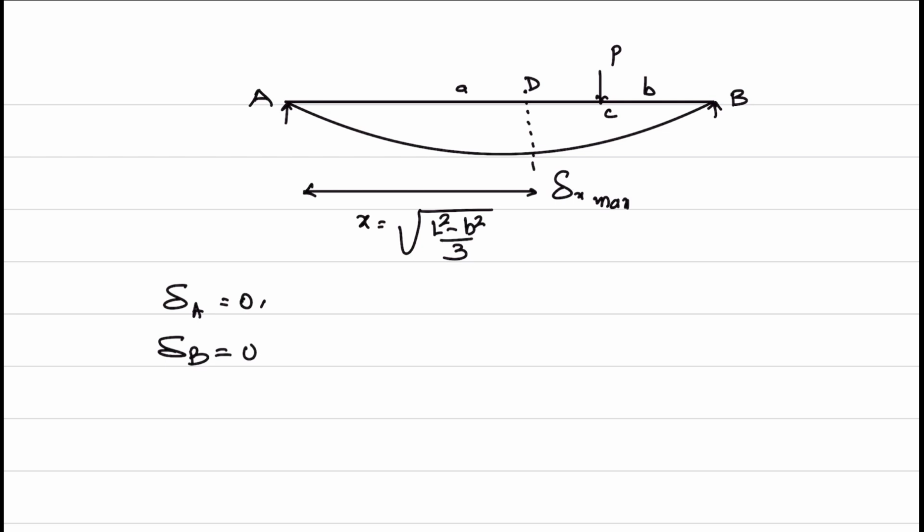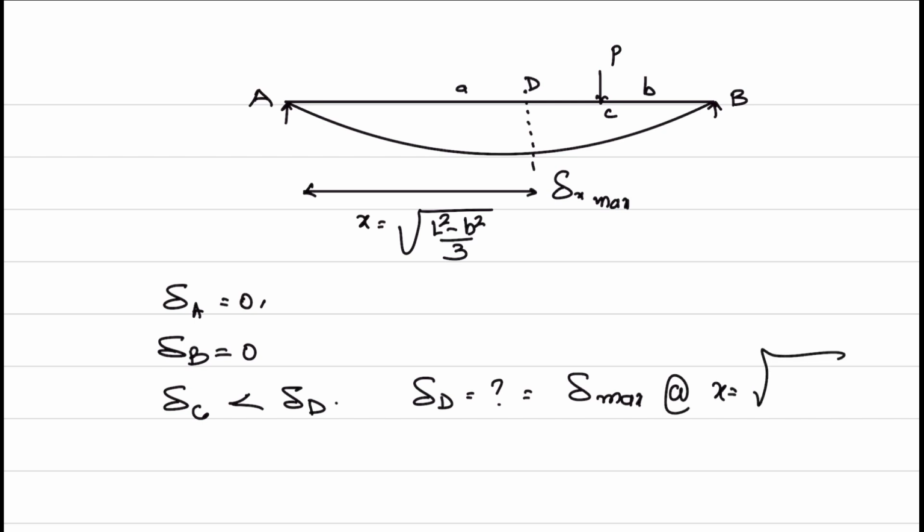Delta B is equal to 0. Delta C is less than delta D. Delta D is equal to what? That is equal to delta maximum at x equal to square root of (L square minus B square) by 3.